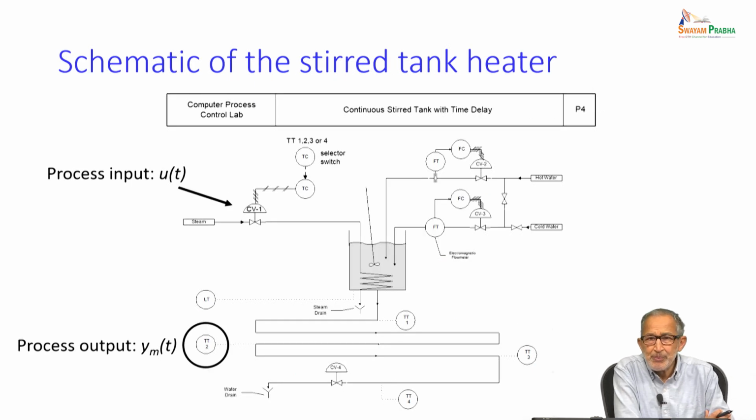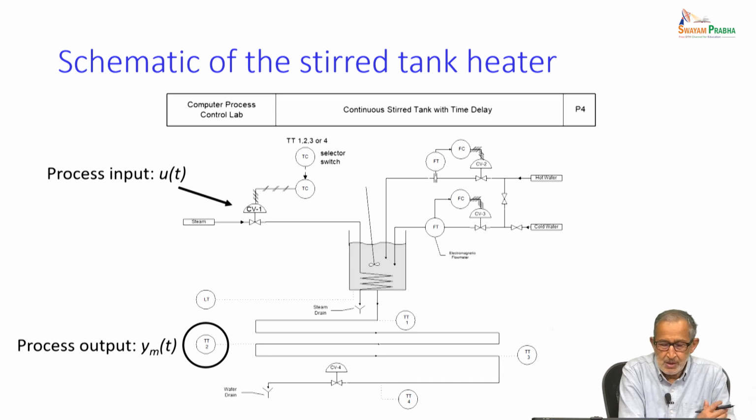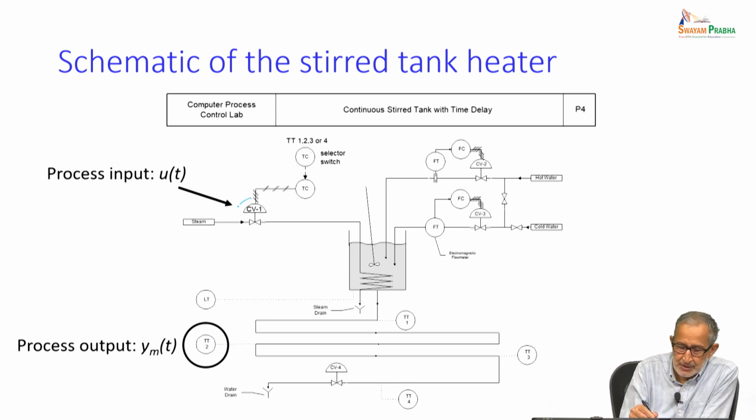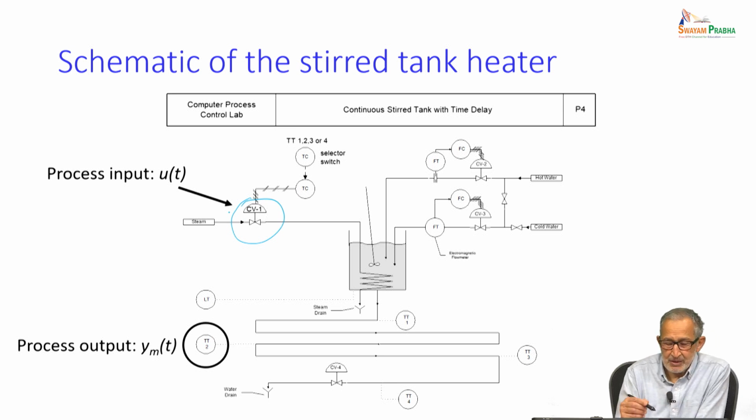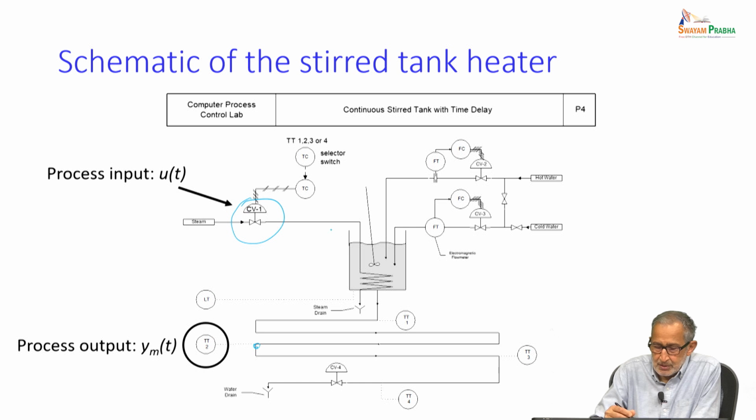Okay, so we are going to apply this idea to this pilot scale computer interface process. The process input is the valve adjustment on the steam line. The output is the exit temperature that is measured here. So the steam enters this stirred tank heater and it goes through a steam coil to warm the water.